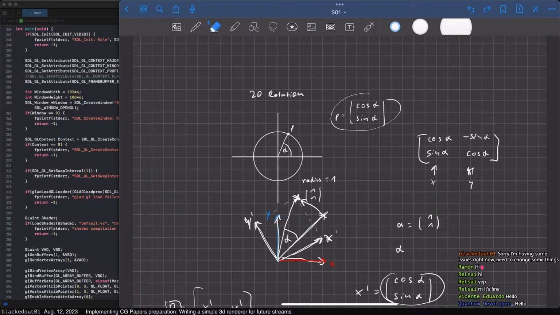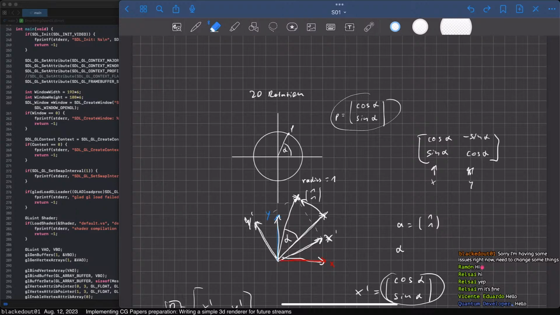And yeah, so we basically just captured the mouse input, and if the mouse is moved from the left to the right, then we rotate the rectangle around the y-axis.